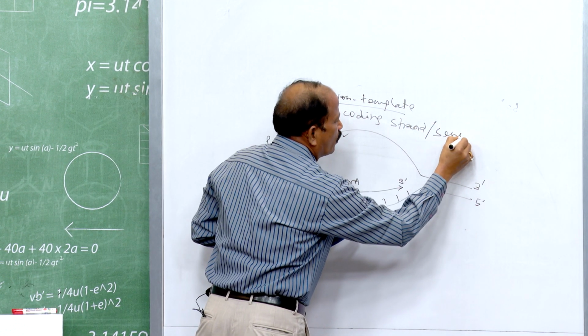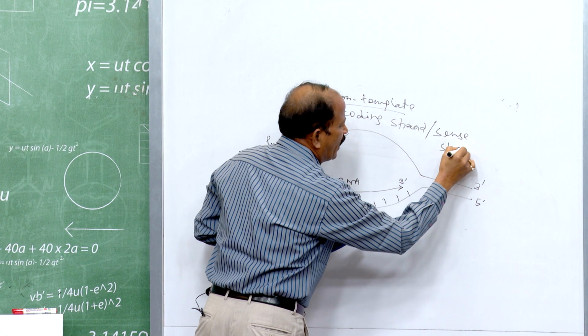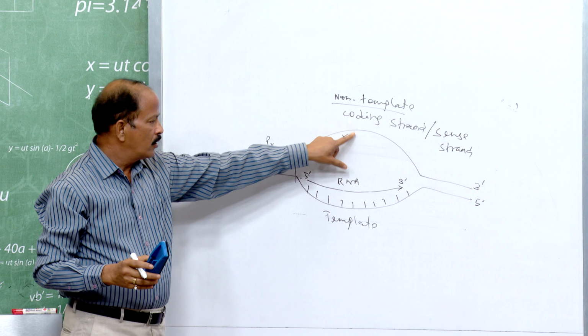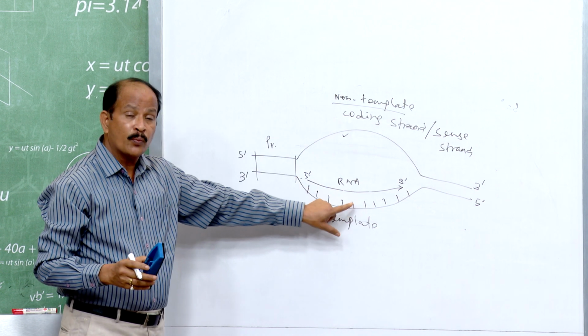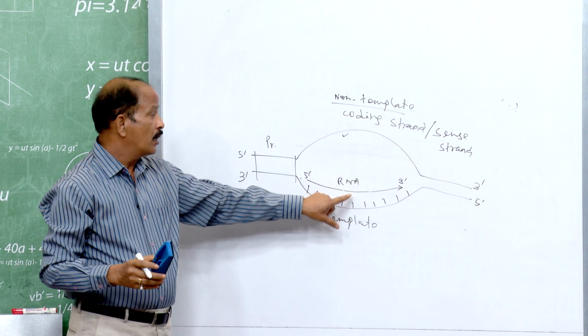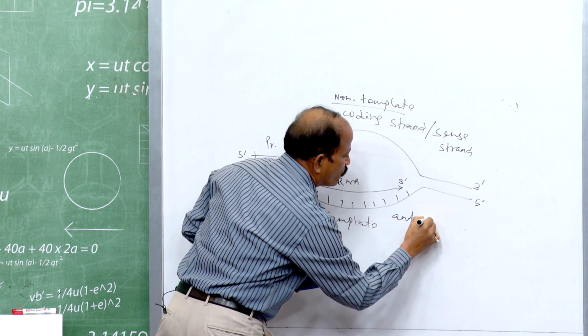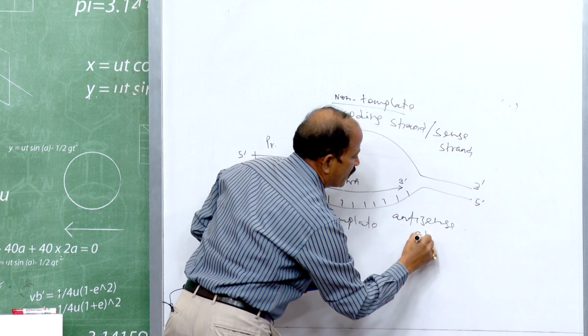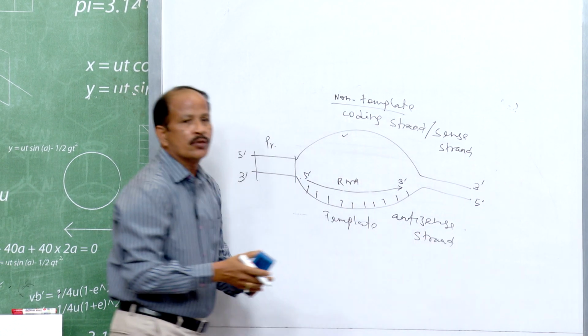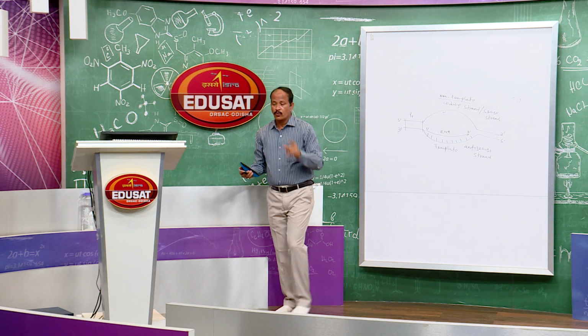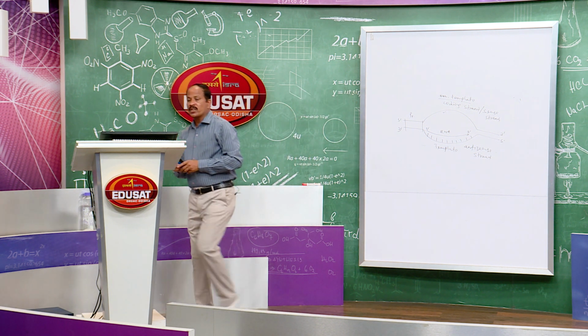The motive behind drawing this is to explain that this one is called the sense or coding strand, and the template strand from which transcription occurred is your antisense strand. So, the antisense strand is really the strand which undergoes transcription, not both the strands, only one strand undergoes transcription.